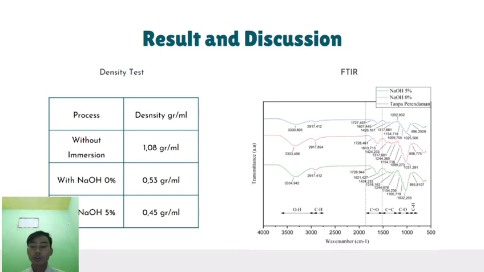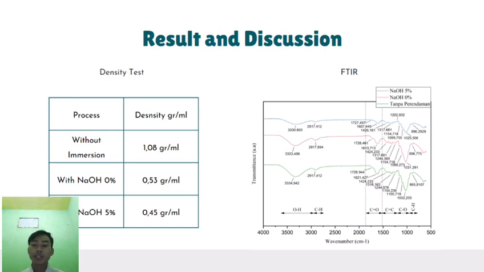In the 1800 to 1550 wavenumber region, it shows C=O stretching vibration and indicates the presence of lignin and hemicellulose. The peak indicators show a decrease in the 0% and 5% NaOH samples compared to the sample without immersion.